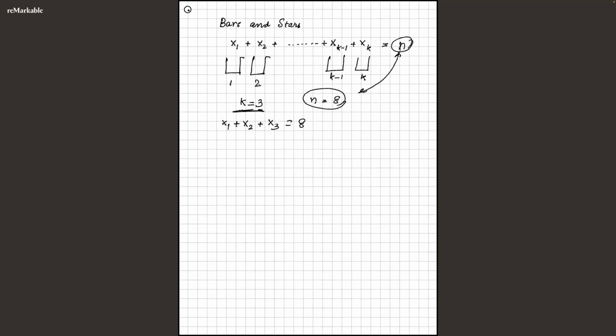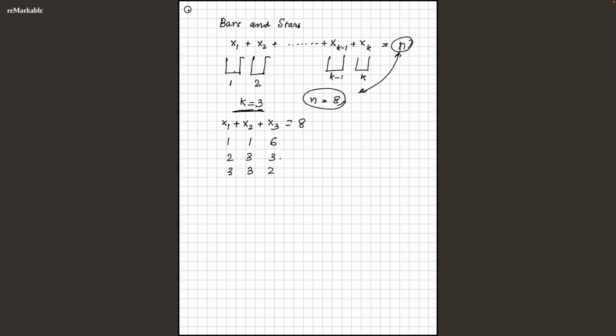Now, 2 things come. Are we allowed to have a box which has no fruits? If we are not allowed to have any box with 0 fruits, then it should be something like 1, 1, 6, or maybe 2, 3, 3, or 3, 3, 2.